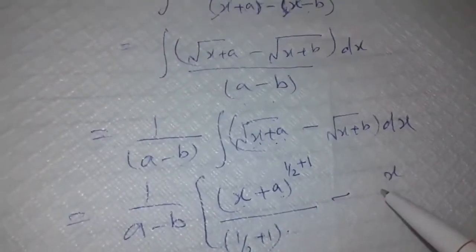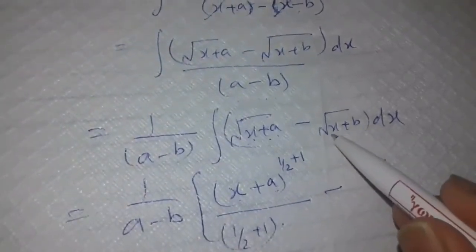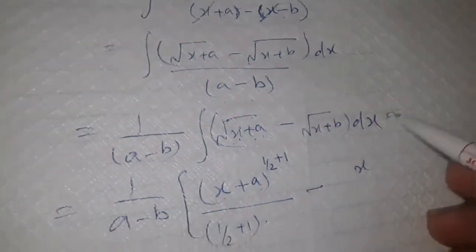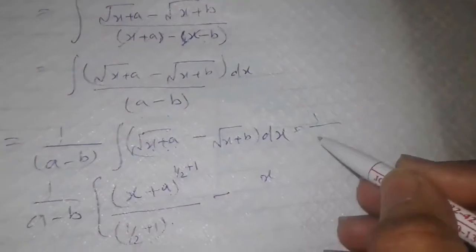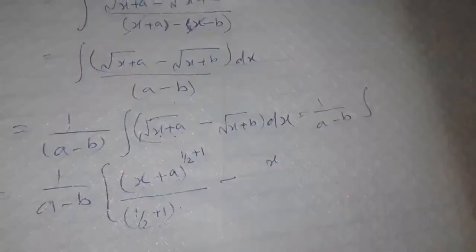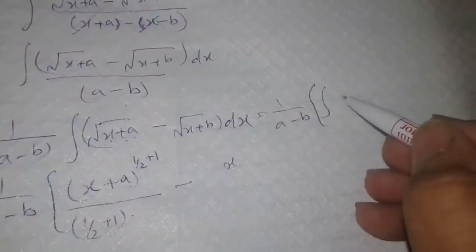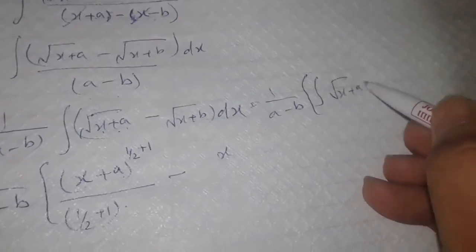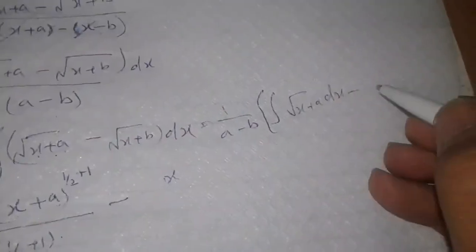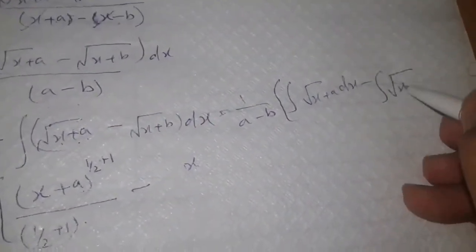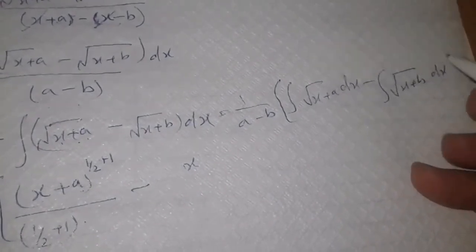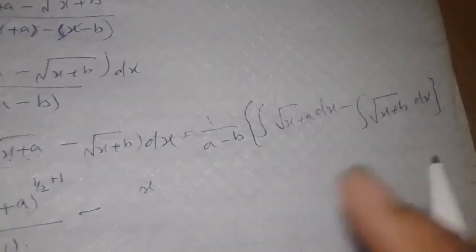Again, for the second term, when we integrate it separately, it is better if I write it like this: 1 over a minus b, integral under root x plus a dx minus integral under root x plus b dx. This is our basic function, and we integrate it and get this result.